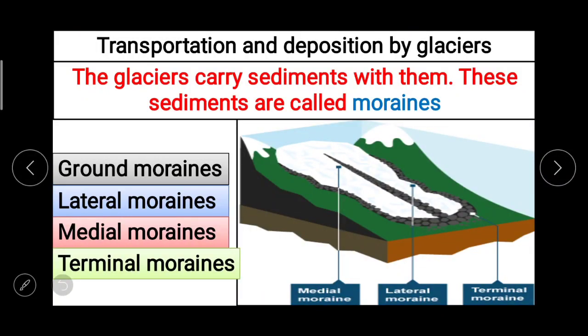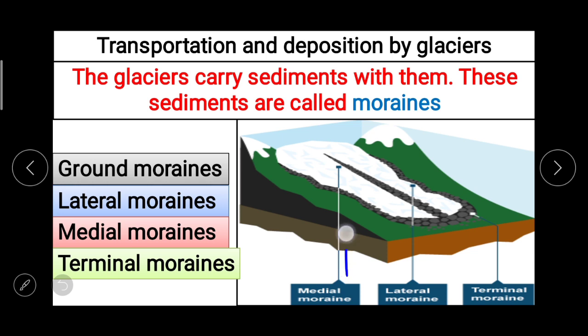The glaciers carry sediments with them. These sediments are called moraines. Depending on the location of the deposits, moraines can be divided into 4 types, that is ground, lateral, medial and terminal.